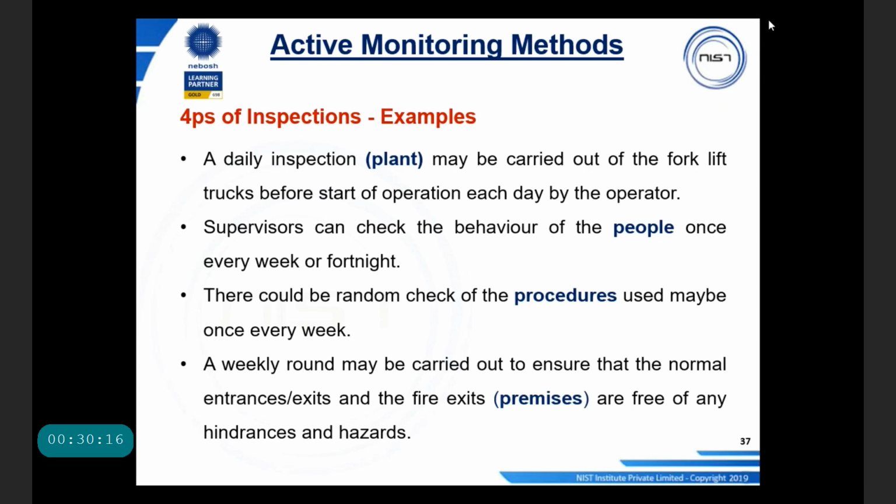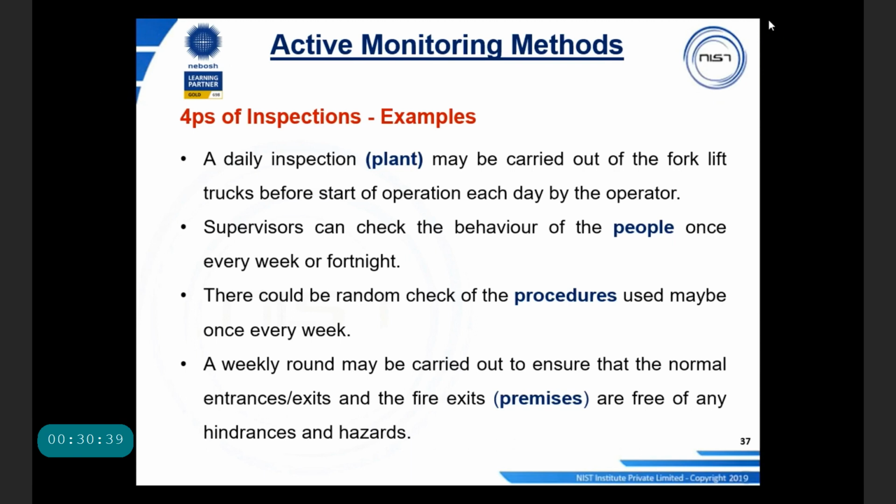There would be random check of the procedures used maybe once in every week. Fourth, a weekly round may be carried out to ensure that the normal entrances and exits and the fire exit premises are free of any hindrances and hazards. Okay, thank you.